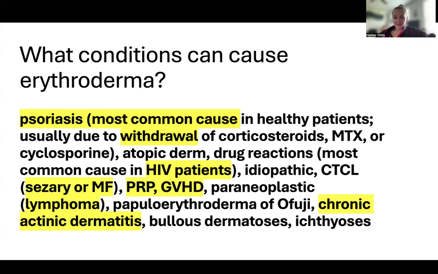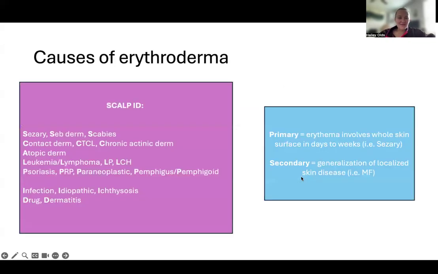I'm probably missing some of those, but that's the mnemonic that some people like. Okay. Oh, here it is. So I shouldn't have tried so hard. So infection too, and what other ones did I miss? Scabies. So primary erythroderma involves all of the skin in days to weeks, versus secondary is generalization of a more localized skin disease.